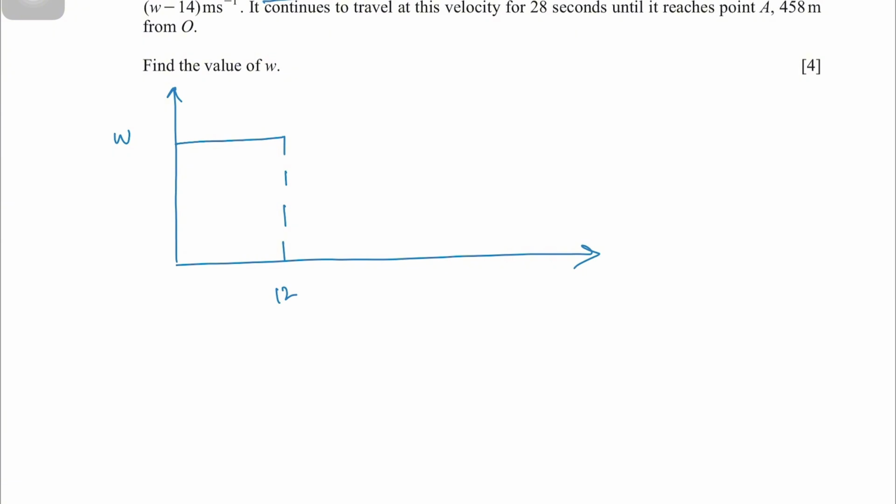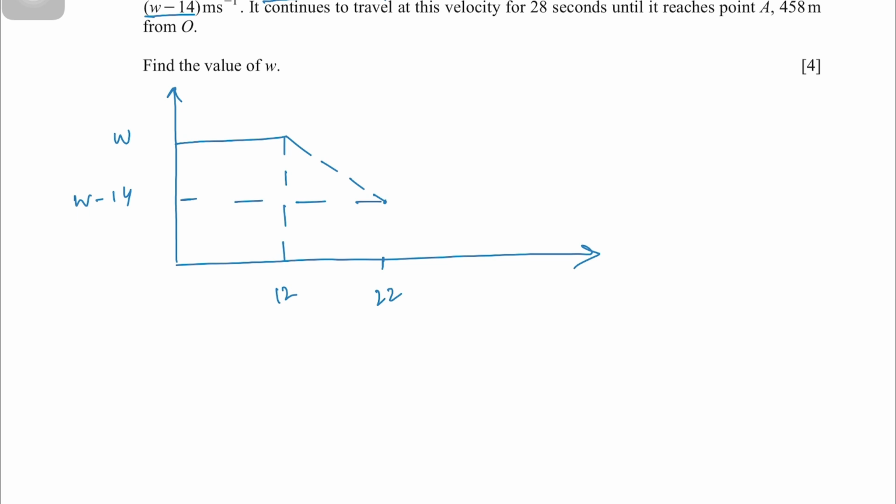It then slows down with a constant deceleration for 10 seconds. So this would be 22, until it reaches a velocity of w minus 14. So this would reach it here. So this is basically w minus 14.